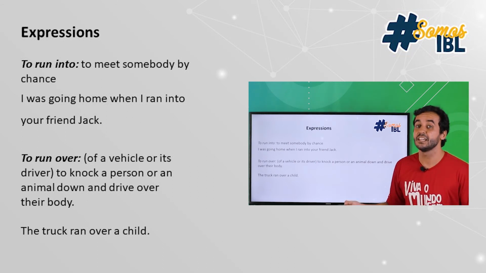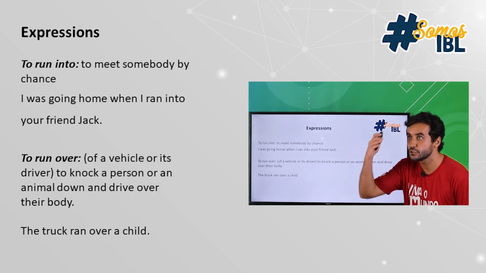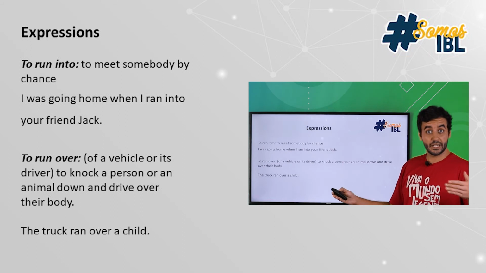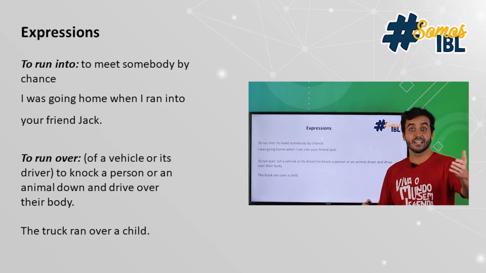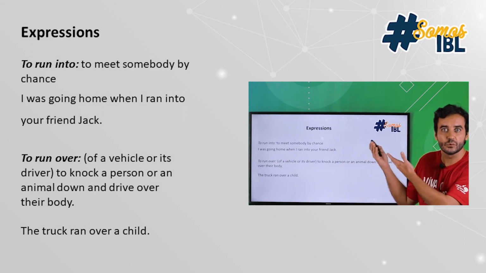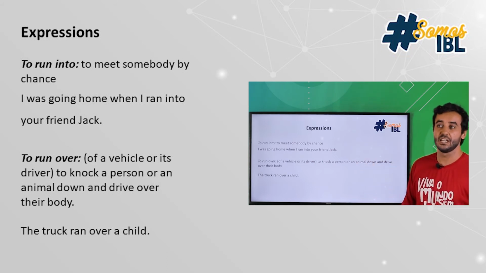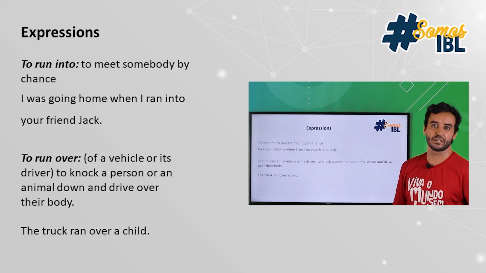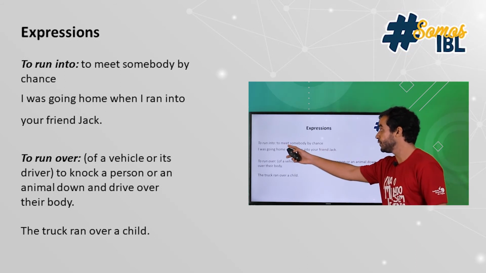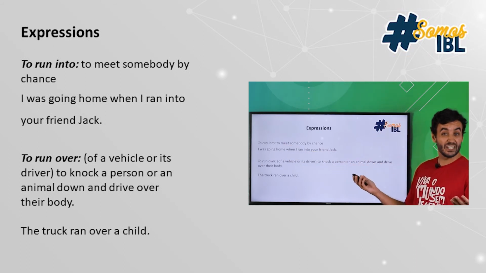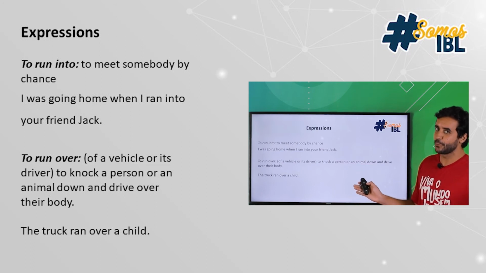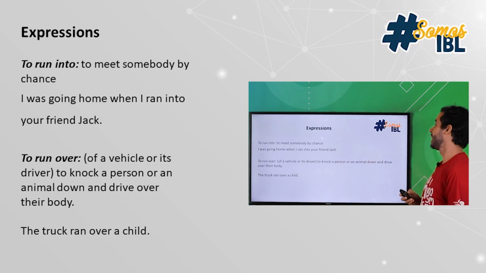I wasn't intending to meet him. But I saw Joãozinho. Oh my God, then I'm talking to you and I say, oh my God, I just ran into Joãozinho. I haven't seen him for ages, but I've just run into him, okay? So run into is when you meet somebody by chance, by accident. It could be a good or bad accident, I don't know, right?